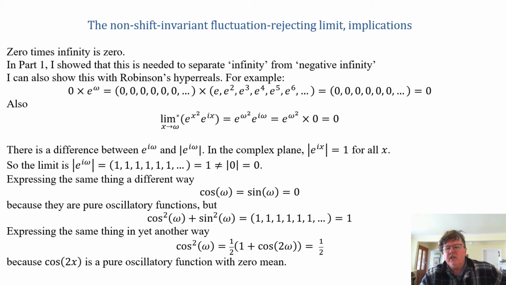Expressing the same thing in yet another way, cos squared of infinity is a half of 1 plus cos 2 infinity. Cos of 2 infinity is a pure oscillatory function, reduces to 0 in the infinite limit. So cos squared of infinity is a half.